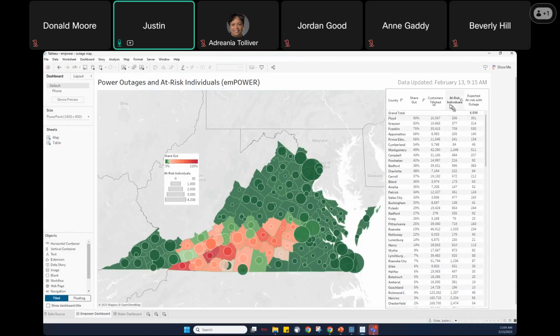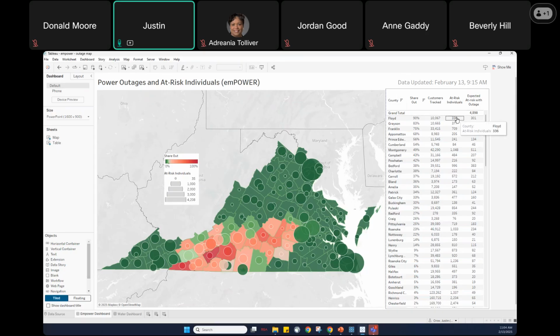And what you're looking at, I'm going to start with the table on the right here. You can see we have the counties listed, the number of customers tracked here, the share of those customers without power, and then we have a column with at-risk individuals. In this case, it's people who use any electric durable medical equipment.